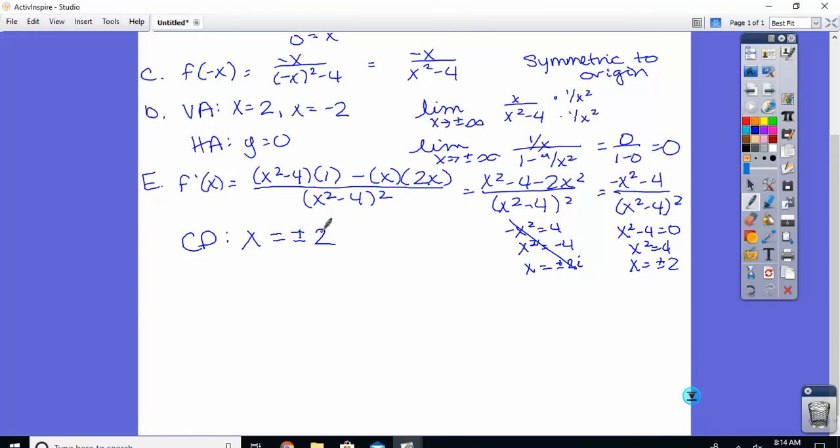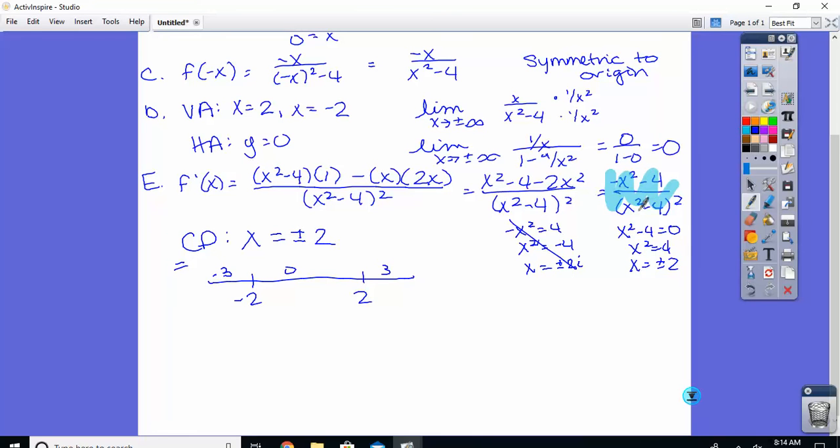Okay, so then to find increasing and decreasing, we make our sign line. We are going to plug these into our derivative. So we do our test points. If you put in a negative 3, negative 3 squared is 9, so the opposite of that, negative 9 minus 4 is negative.